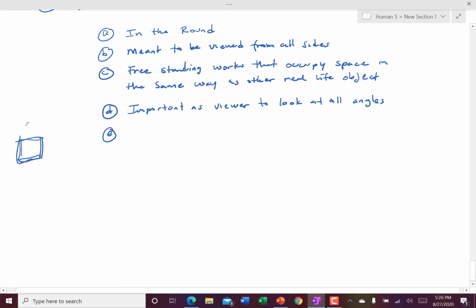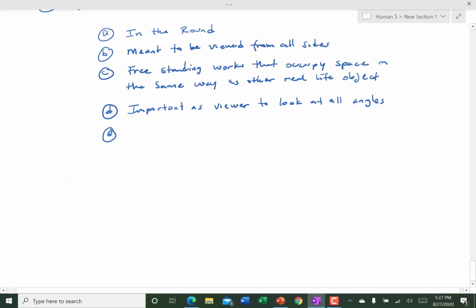I can't see any of the other stuff. There's no depth in this. And even in the cube, you're still not seeing that. But if it's an actual form, such as a sculpture, these different faces you can see, and there might be differences that play a role.